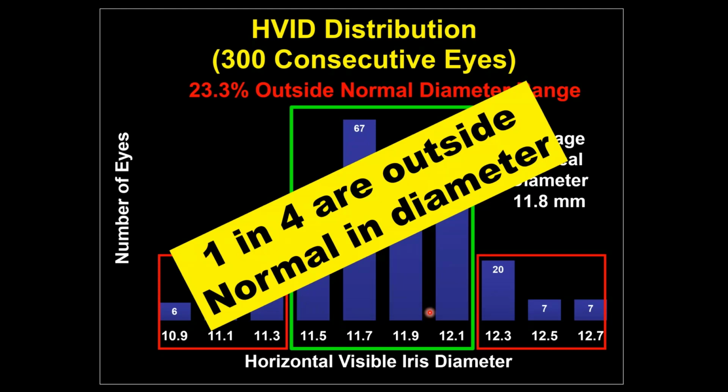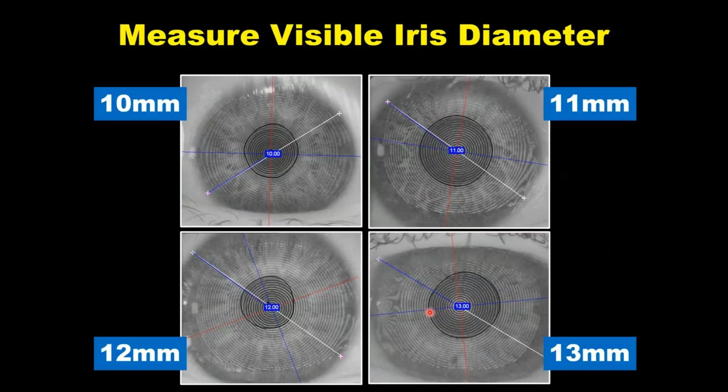So that's something to think about with your contact lens fitting, and especially your conventional soft lens fitting. As an example, would you fit a 14 millimeter lens on a 10 millimeter cornea? Would you take that same 14 millimeter diameter and put it on a 13 millimeter eye? We certainly wouldn't expect a lens that was designed for the 11.5, 11.8 millimeter cornea to work ideally on an incredibly small or incredibly large eye.